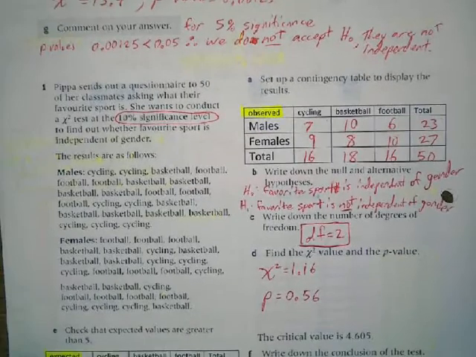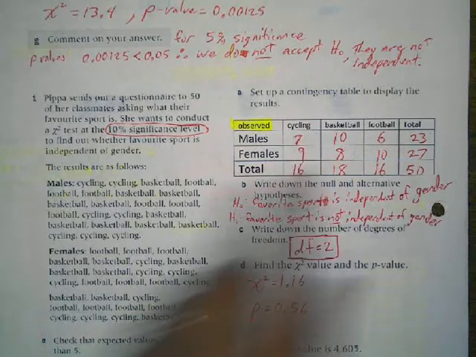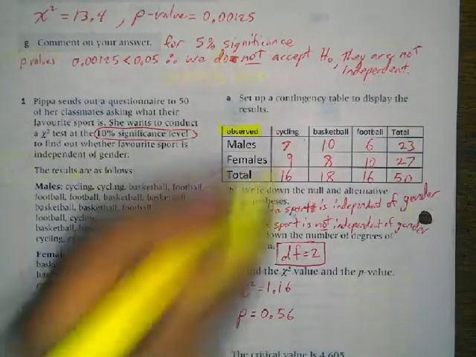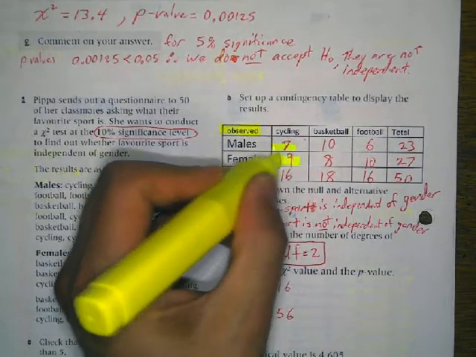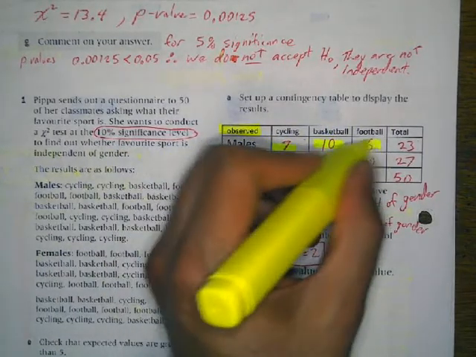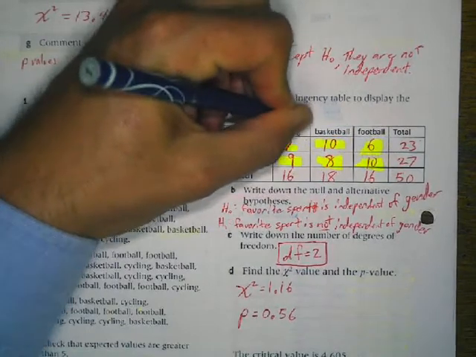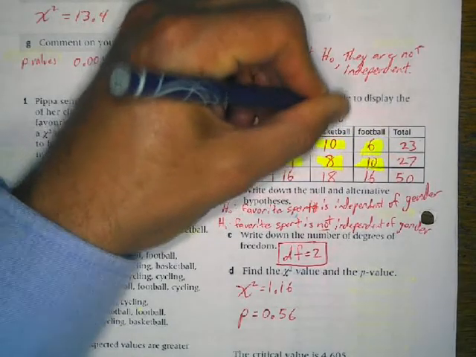Okay, set up the contingency table. So I ticked off all these things, and I've got my observed data. So this is my observed data.